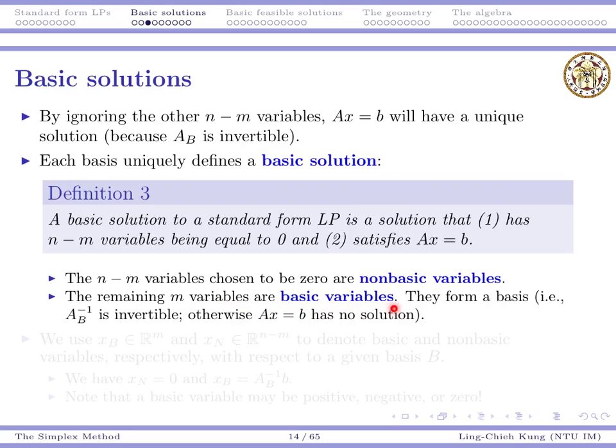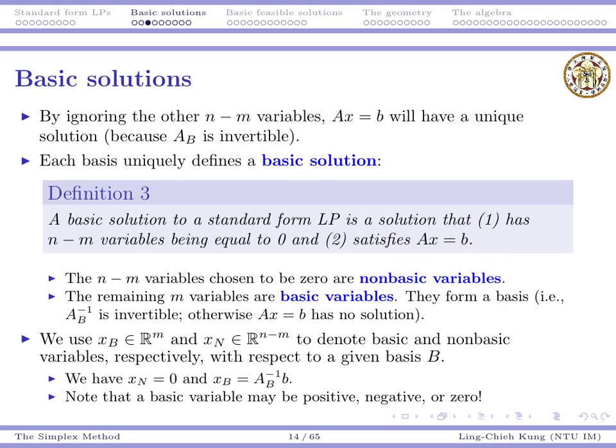One thing to remind you is that these m columns together must form a basis so that AB is invertible, so that Ax equals b has a solution. We're going to use XB and XN to denote the basic and non-basic variables given a basis.